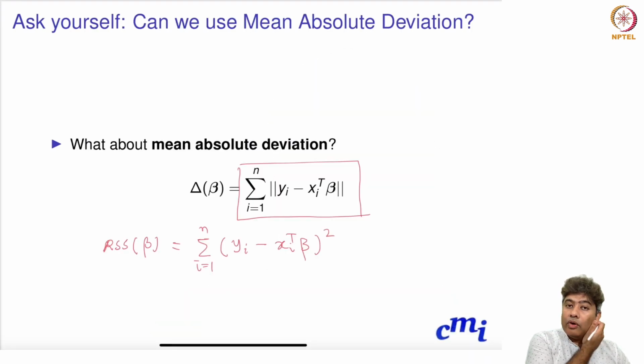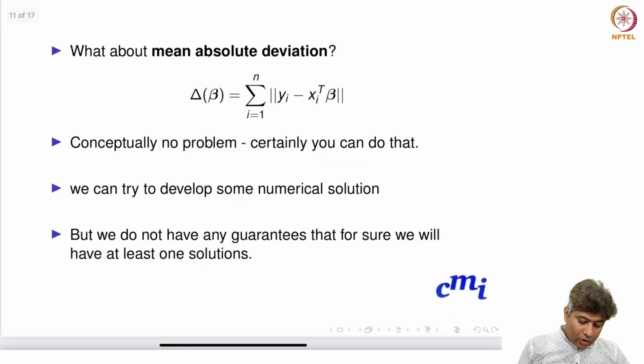I would recommend that you pause the video, think about this problem for about 5 minutes, and then come back and let us discuss. I hope you got the solution. Let us discuss what we can do. Conceptually there is no problem.